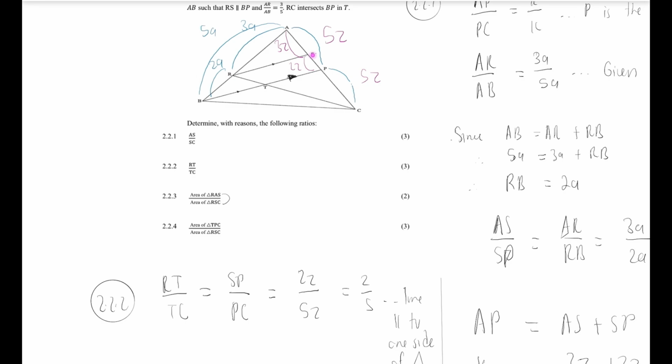So now do you actually see that if you're to draw a line from this apex going down like this, and this becomes perpendicular to the ground, this is going to be the perpendicular height for triangle RSC, right? Because it's from the apex to the bottom, 90 degrees.